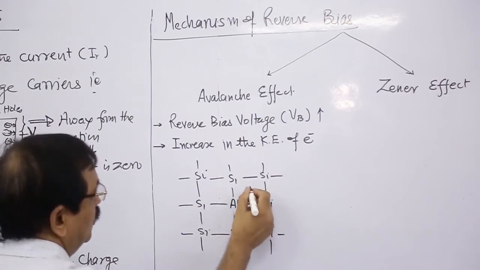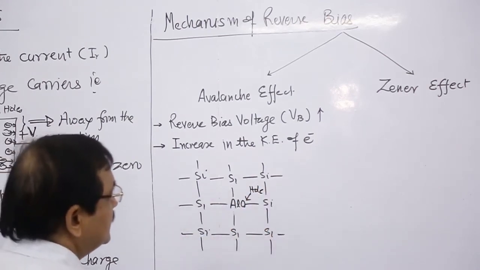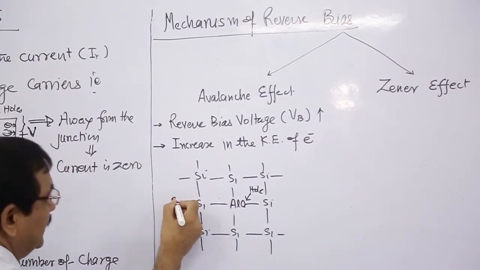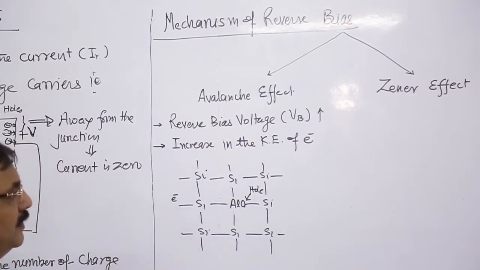This is your hole, an empty place, and here it is an electron, a minority charge electron.